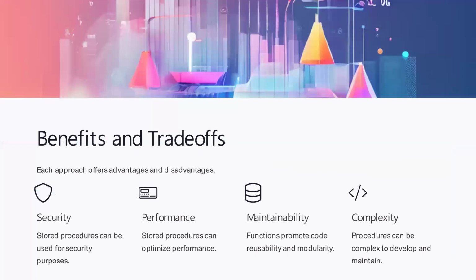For performance, stored procedures can also optimize performance. For maintainability, functions promote code reusability and modularity, meaning we can create small functions that we can call in our code. Then complexity: procedures can be complex to develop.